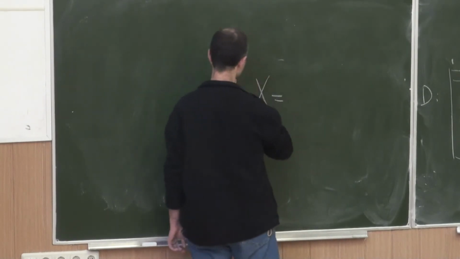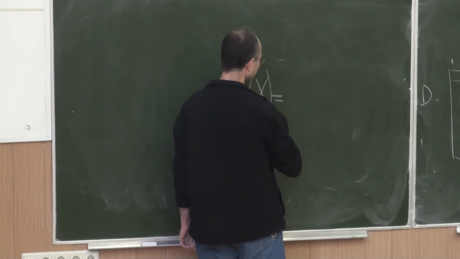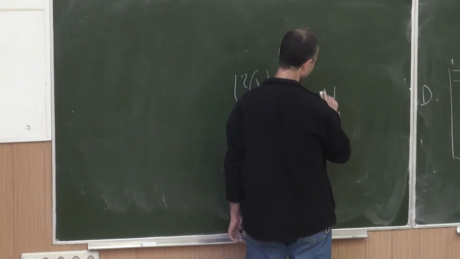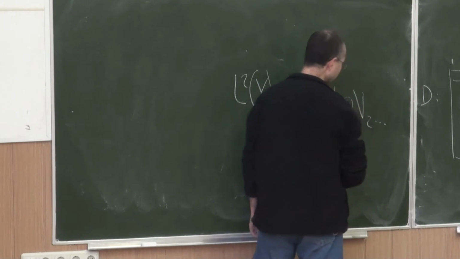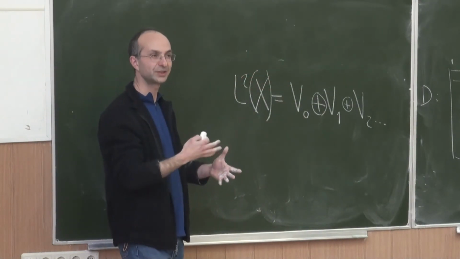I'm looking at this space of integral functions over X, and I am recovering eigenspaces one by one, and so on. So I'm taking more and more complicated functions in this space.